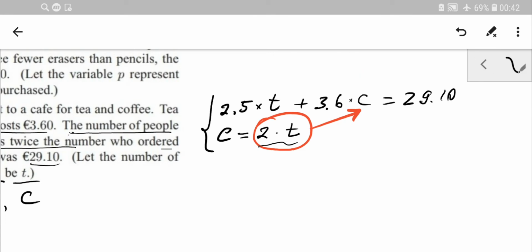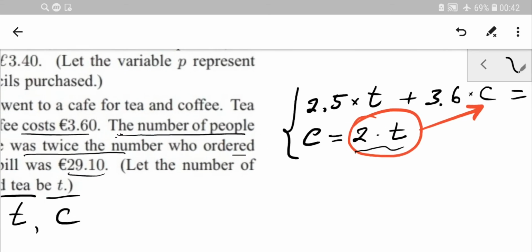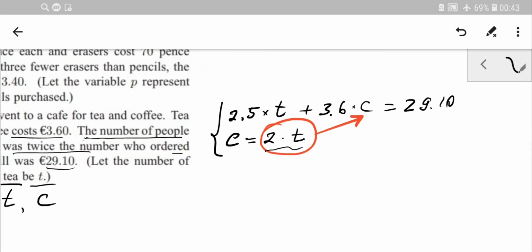This is not a topic that we covered, but it definitely looks like that. So in two steps you complete two equations connecting the total cost and coffee with T, and instead of C, you just put 2T.